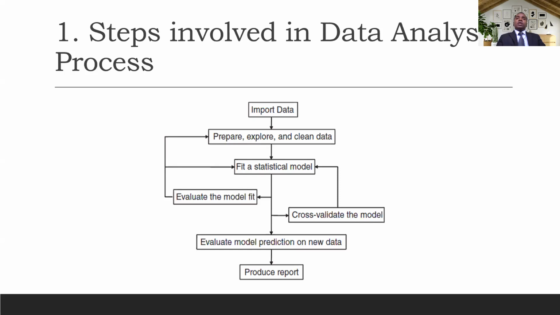So here we can plot a scatter plot and see if it is following the trend, and if there are various outliers, we can look into it, and we evaluate the model fit, whether the regression model is working or not, or whether we wanted to do a t-test. Then we cross validate the model.